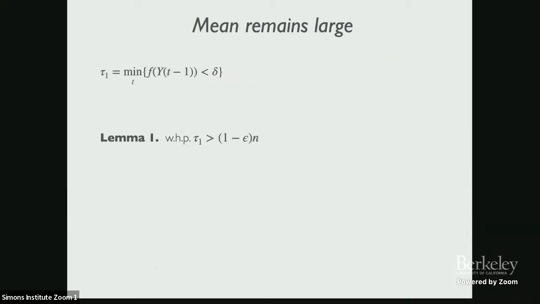The first one is when the value of the function becomes too small. And this is actually easy to show. Just recall that our conditional process has these preferences towards larger subcubes.